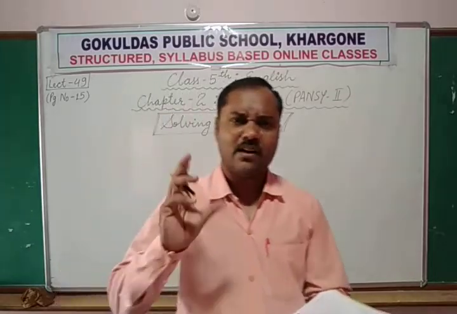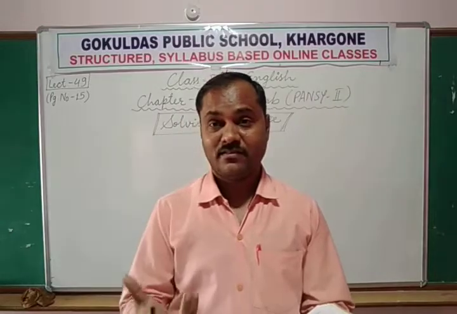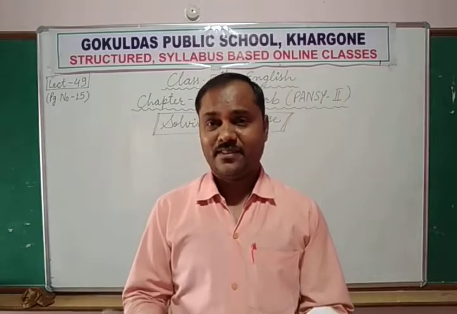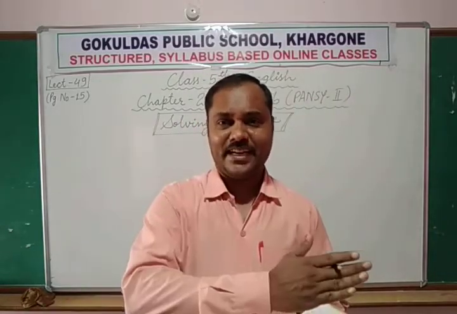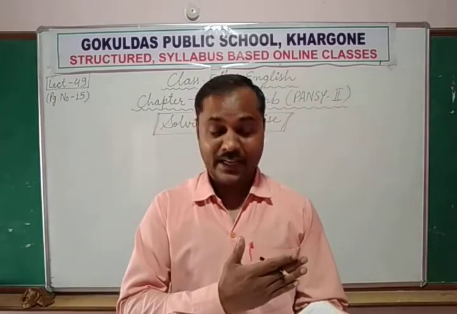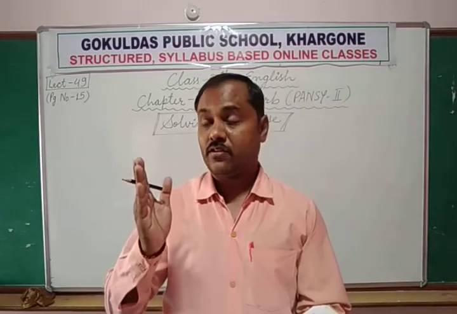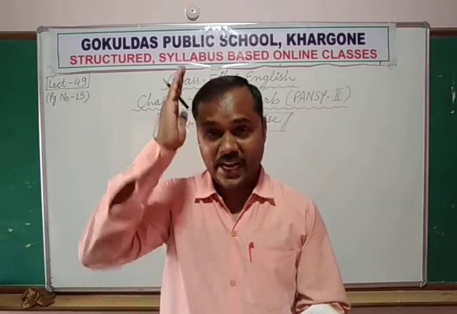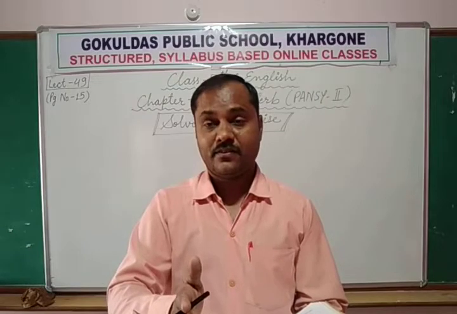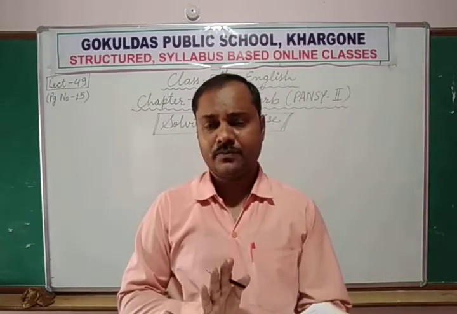You know what incomplete predication is? What is predication? Subject, predicate, that we have already learned. What is the subject and what is the predicate. Now incomplete predicate means the sentence ends at the verb only, there is nothing after the verb.